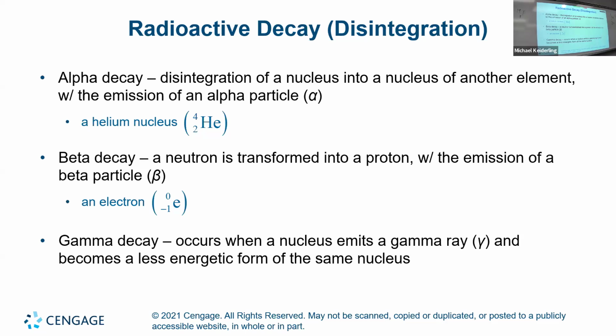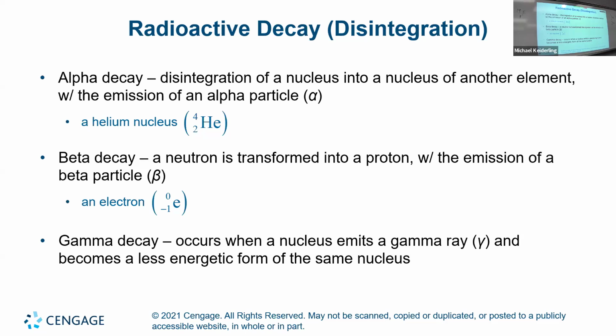So alpha particles are relatively big. They do a lot of damage if they hit something, but they're also really easy to block. So things that emit alpha particles are not super dangerous as long as you don't eat them. They're really, really bad if you eat them.